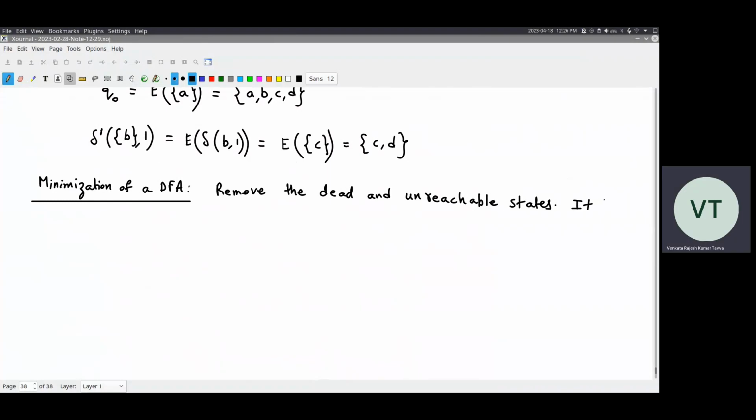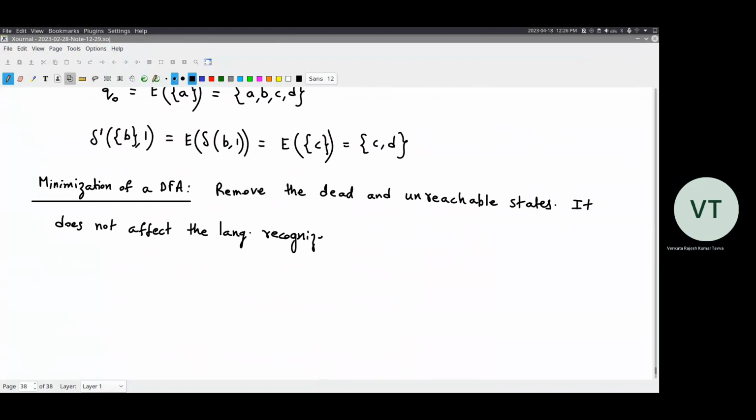It does not affect the language recognized by the automata.